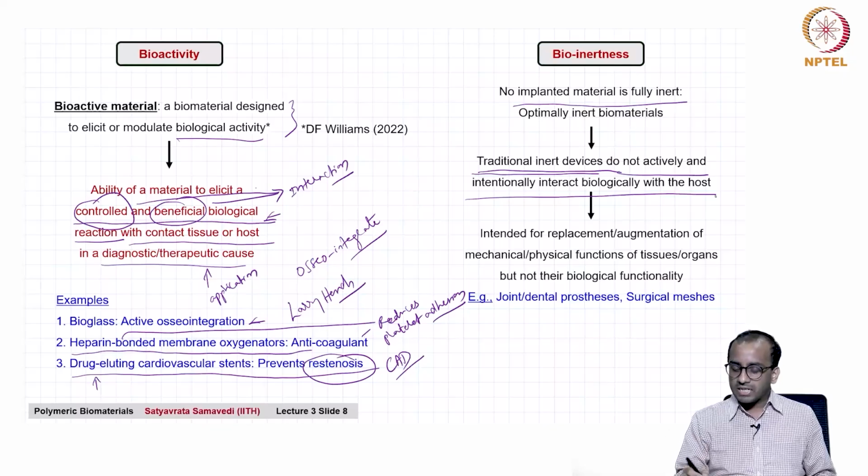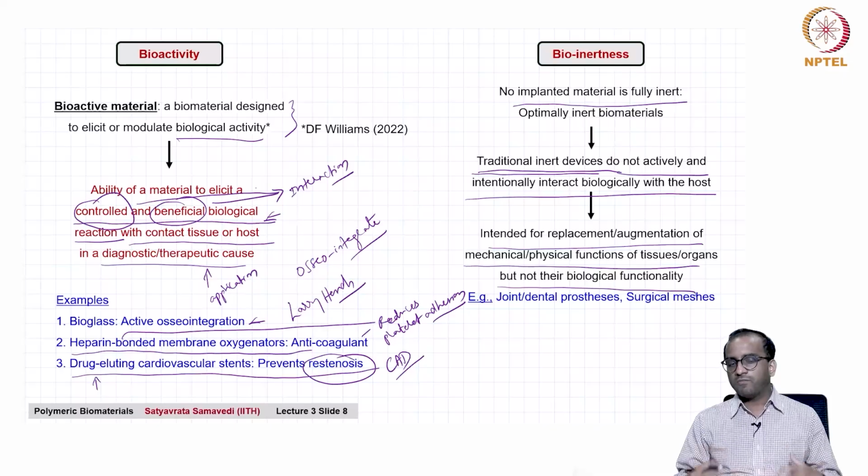They are primarily intended for replacement or augmentation of mechanical or physical functions of tissue and organs, but not their biological functionality, right? So, for example, a titanium implant can serve as a replacement for mechanical and physical functions of load-bearing bone tissues, but it's not meant to induce bone growth and somehow regain biological functionality.